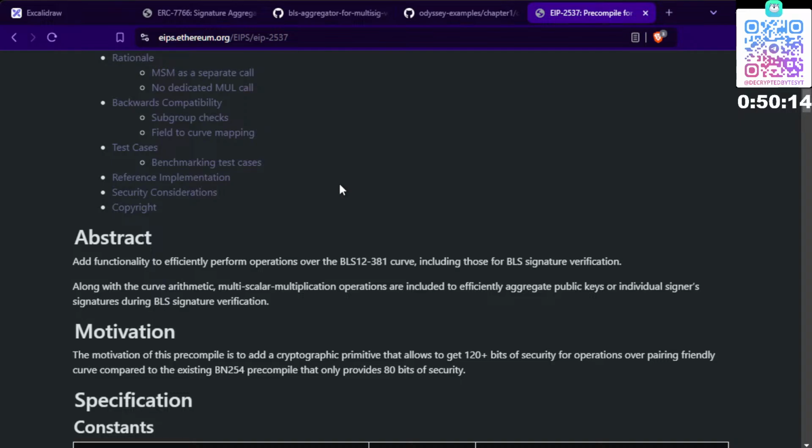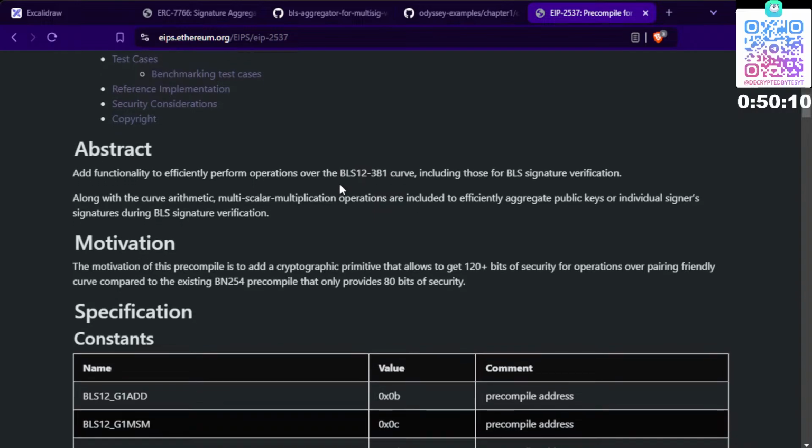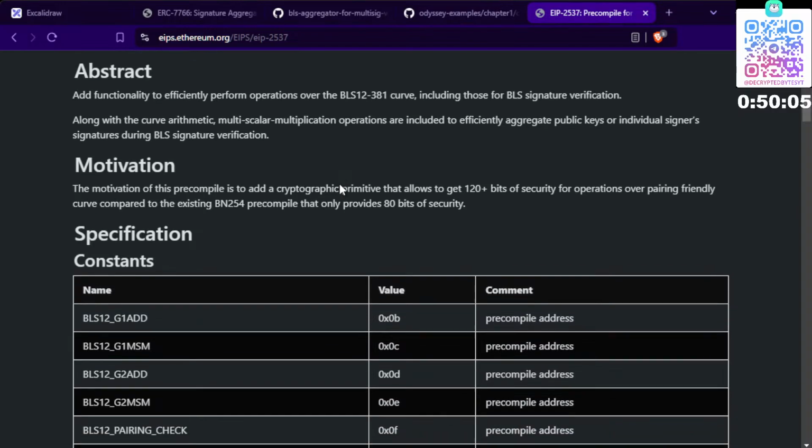Add functionality to efficiently perform operations over the BLS curve, including those for BLS signature verification.